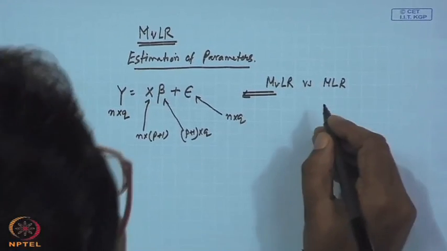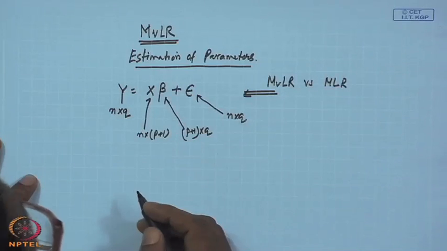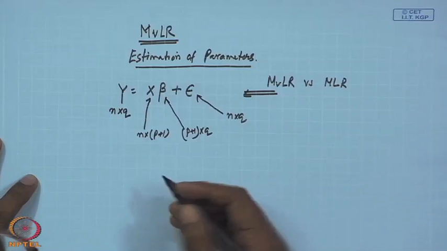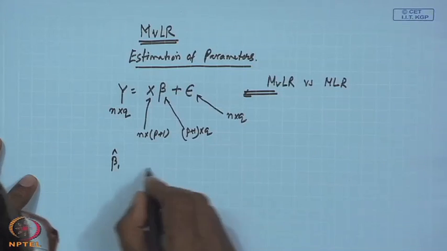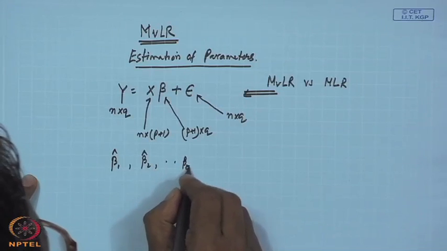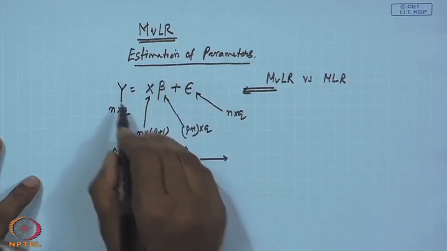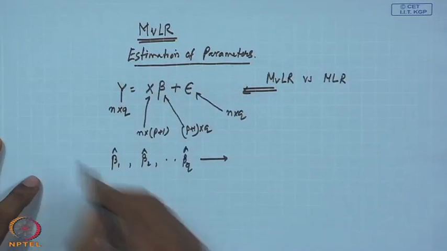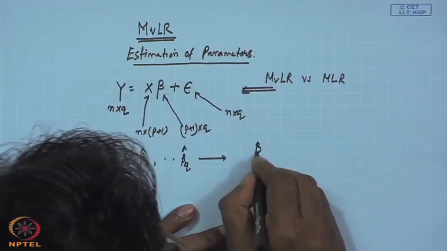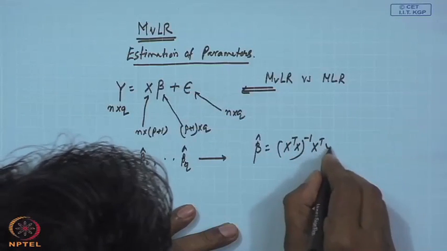We have also seen that if we go for multiple linear regression of individual y variables and then estimate the parameters, the estimates like beta 1 cap, beta 2 cap, up to beta q cap will be exactly the same as if we estimate jointly using the multivariate linear regression formulation. The formulation remains the same. Beta cap is X transpose X inverse X transpose Y.